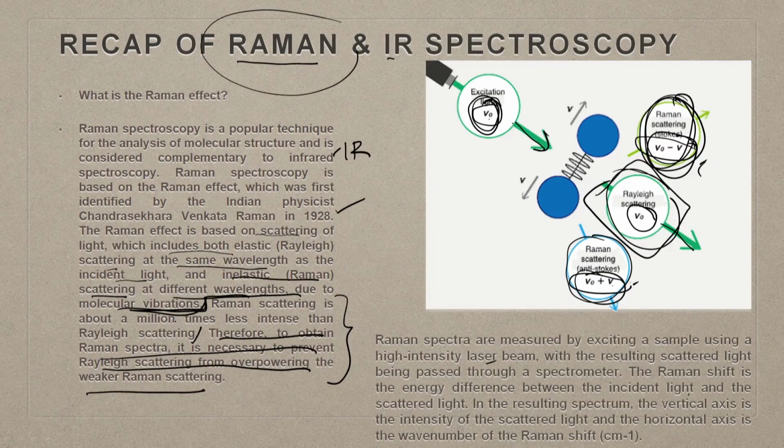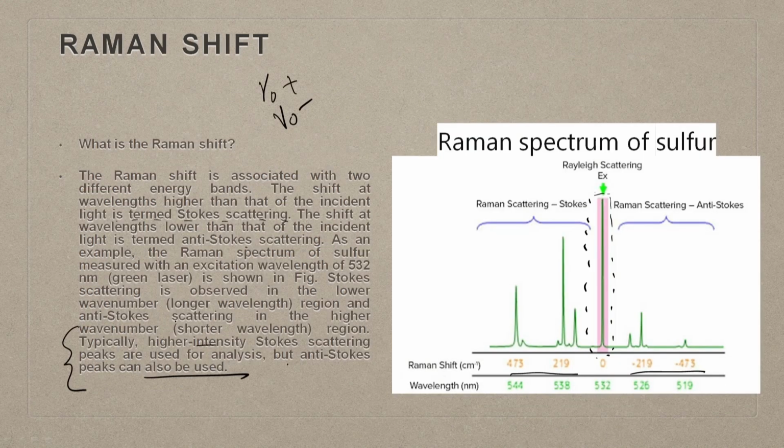Then we talked about the basics of Raman and IR spectroscopy. There we talked about the polarizability in Raman spectra, the basis of the Raman spectra, and the dipole moment in the IR spectroscopic measurements.